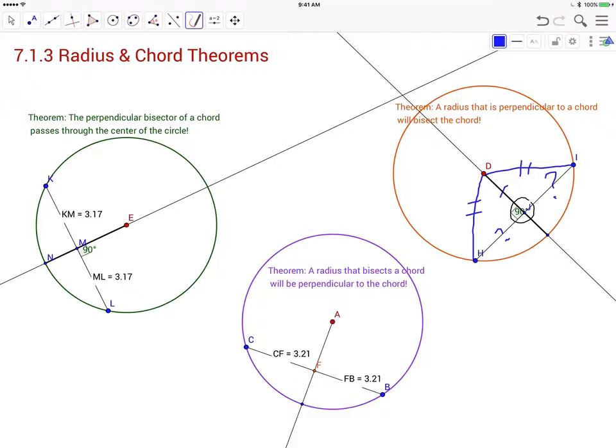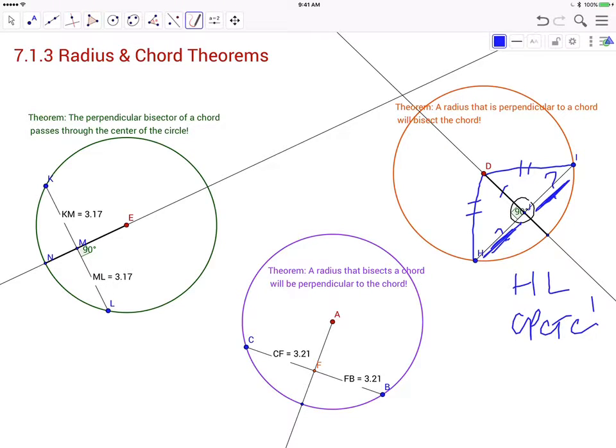These two triangles become congruent not by ASA or side-angle-side, but these are two right triangles, and so they are congruent by hypotenuse-leg, if you can remember that. And that allows us to get HJ equaling JI by CPCTC. One of our favorites.